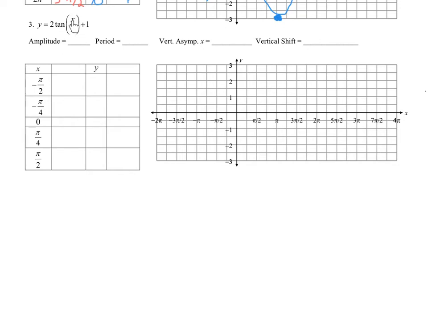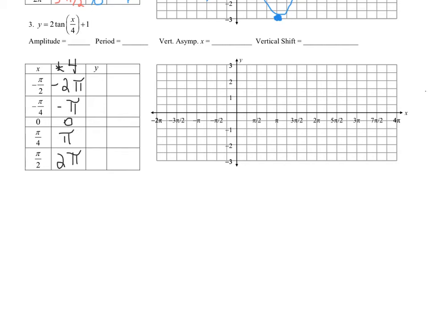This means that I'm taking my angle measurements and dividing by 4 inside the parentheses. But I know that what I really need to do is outside the parentheses, I need to multiply by 4. So to all of my x values here, which are my horizontal values, my angle measurements, I'm going to multiply all of those by 4.